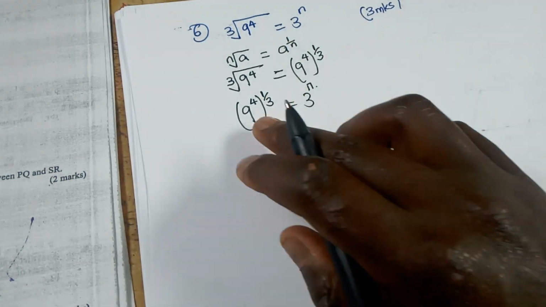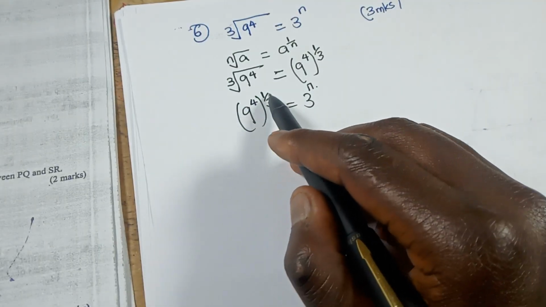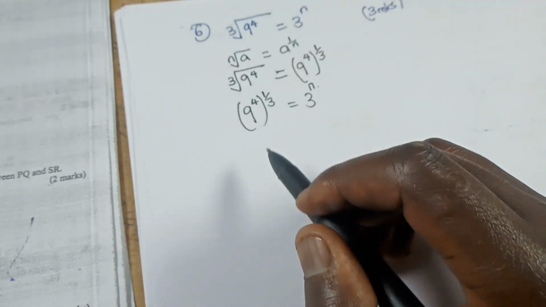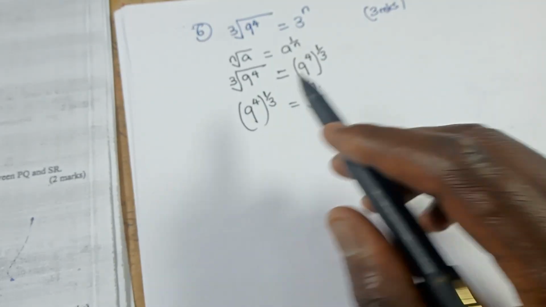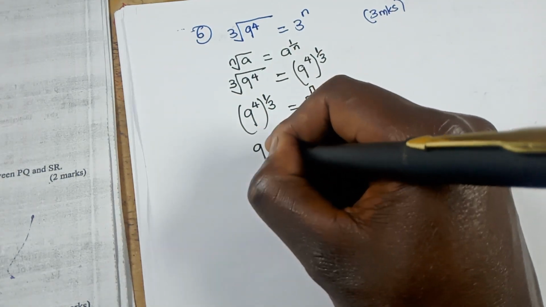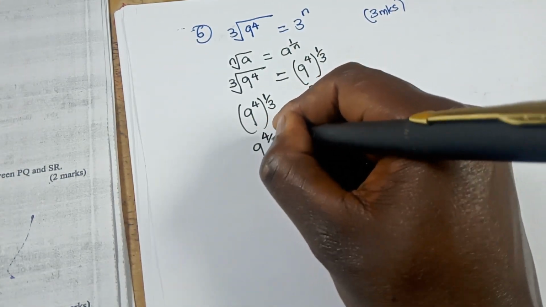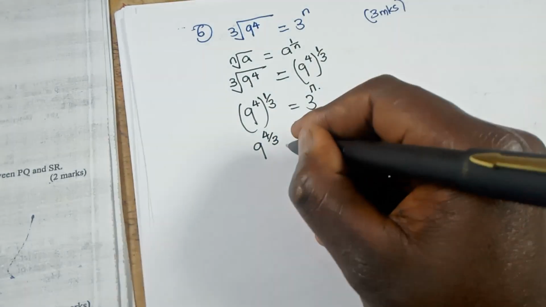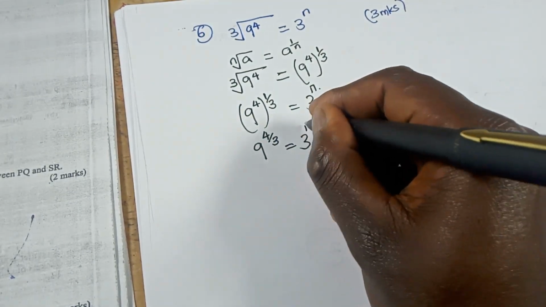So when we have such, we can multiply the powers because the law of indices allows us to do that. 9 to the power 4 over 3 is equal to 3 to the power n.